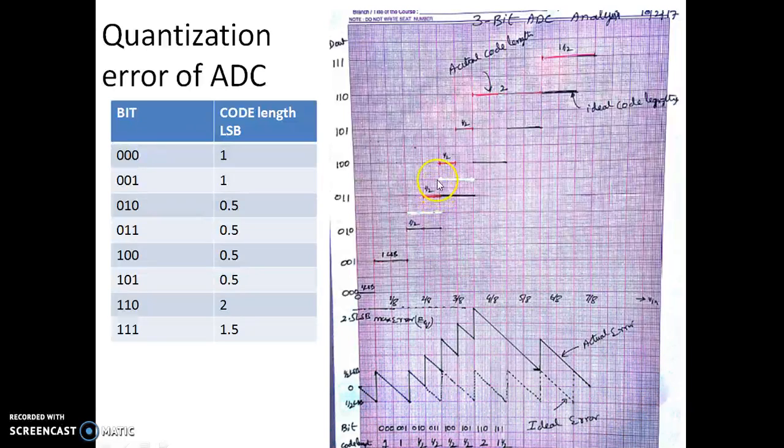It is again half LSB making a transition, another half LSB making a transition, another half LSB and it is making a transition. Now it is 2 LSB. After 2 LSB, it again makes a transition and it is now 1.5 LSB. Ultimately, this catches up with the ideal value. So that's why we have this error also catching up with the ideal value. So this dotted line indicates the ideal quantization error if the code lengths are equal to 1 LSB.